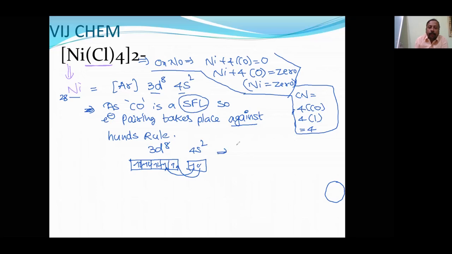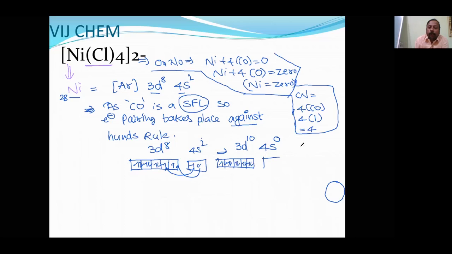Now the new configuration: once two electrons are transferred, 3d8 becomes 3d10, and 4s2 becomes 4s0. Is it understood? This takes place only in the presence of a strong field ligand.